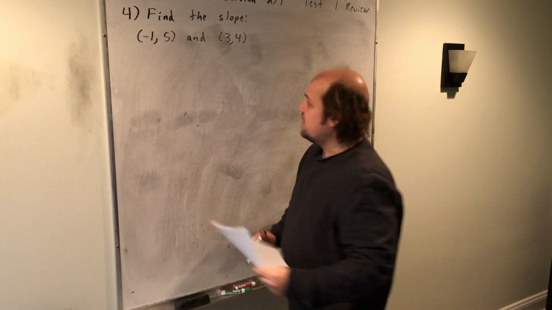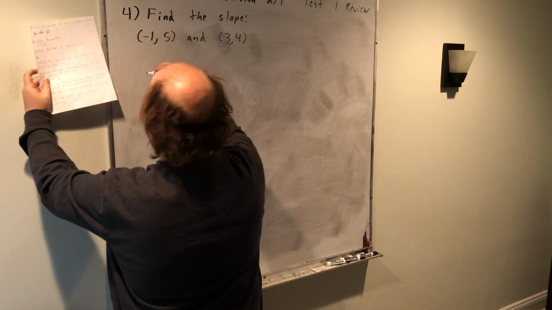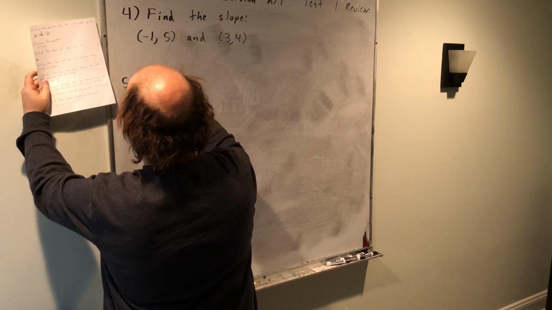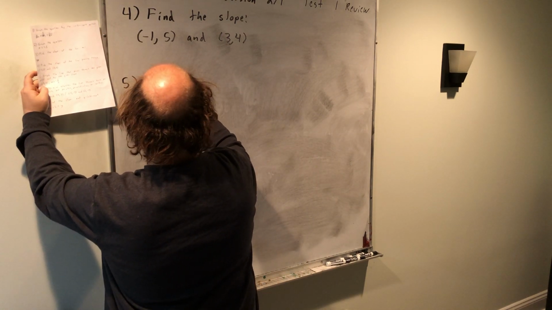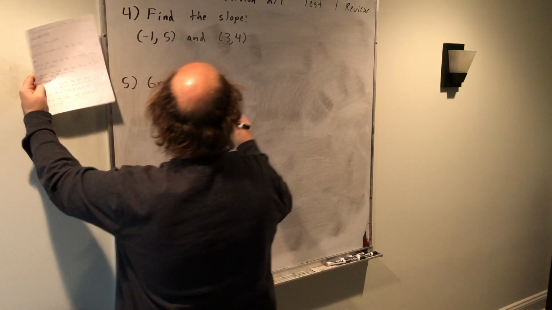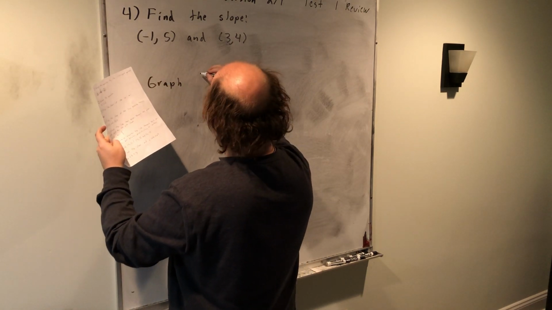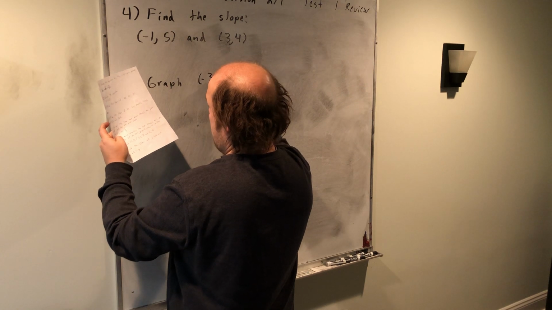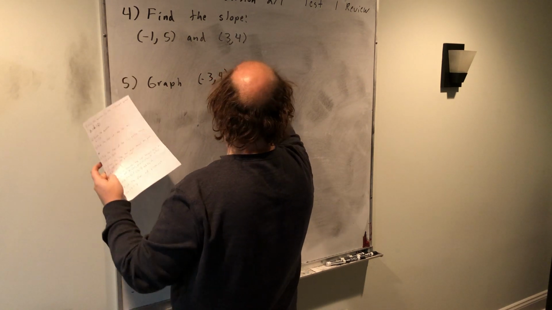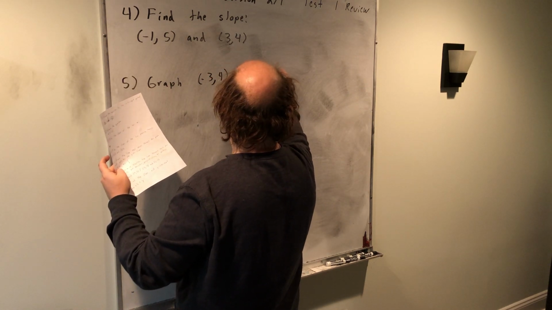All right. 5 says graph, and it gives us the point -3, 4, and m equals -2 over 3.